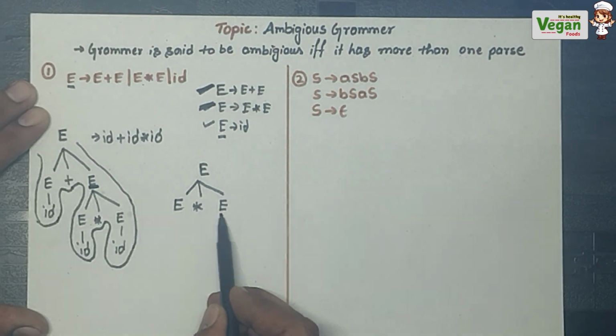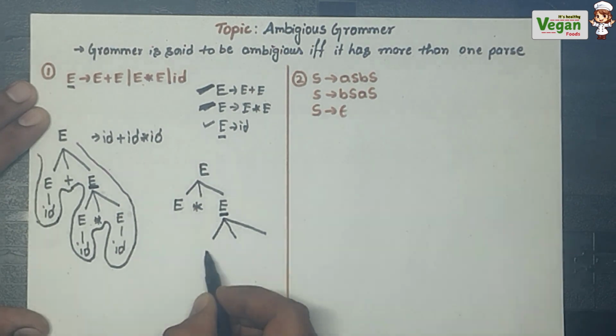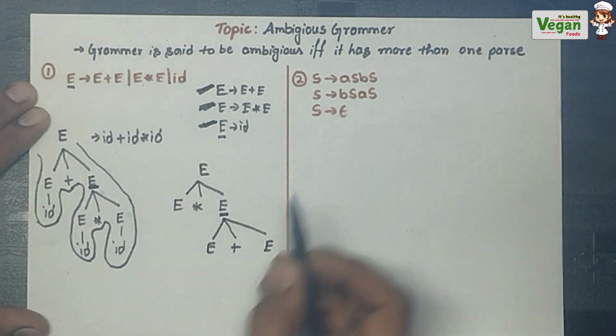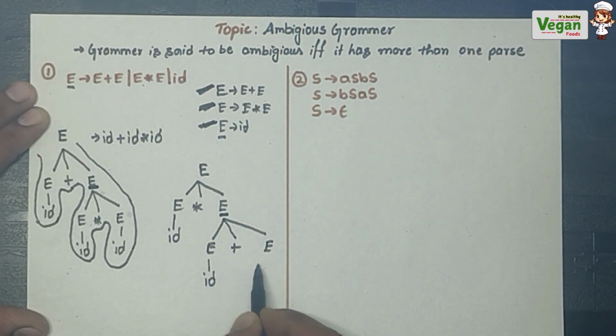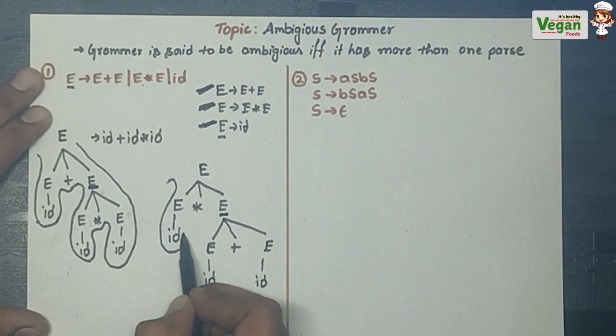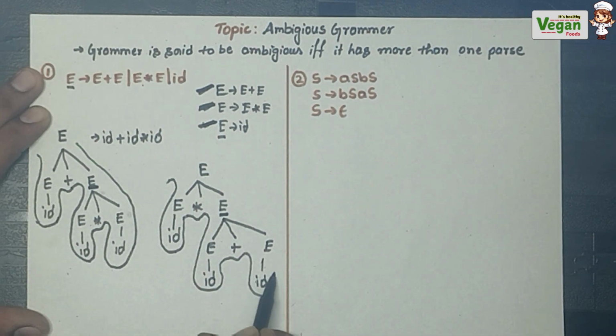So E plus E. Now only one step is left, that is E gives rise to ID. ID, ID, ID. Now you parse. So ID star ID plus ID.